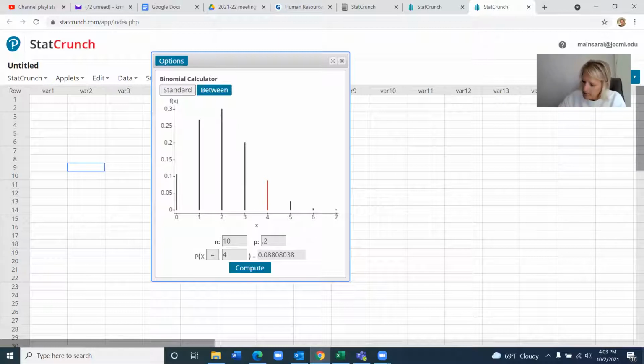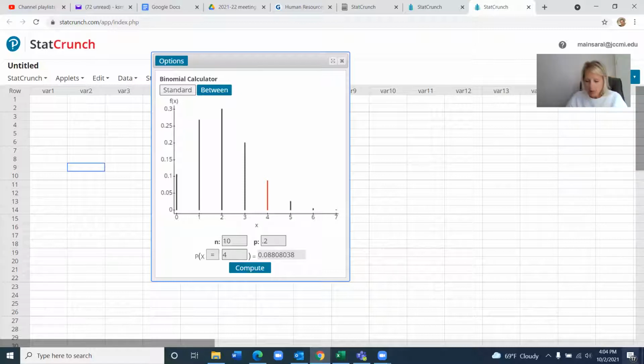B says the probability that X is less than 6, in words. So this is the probability that they guessed, and it's a strictly less than, so guessed fewer than 6 questions correct.